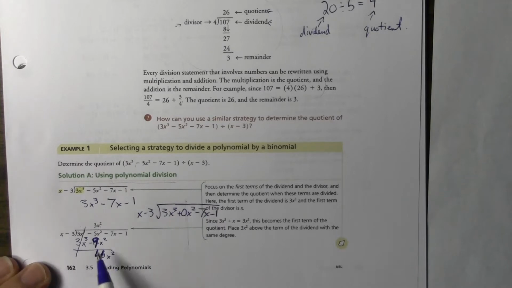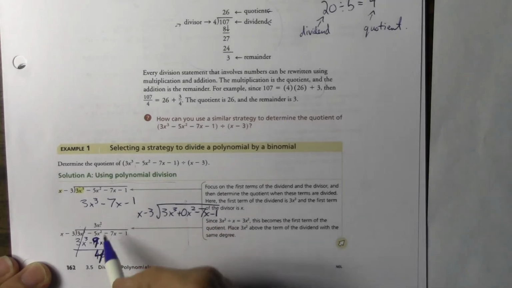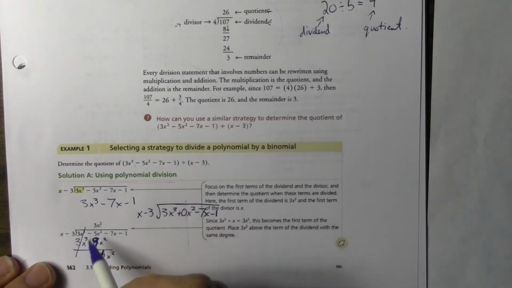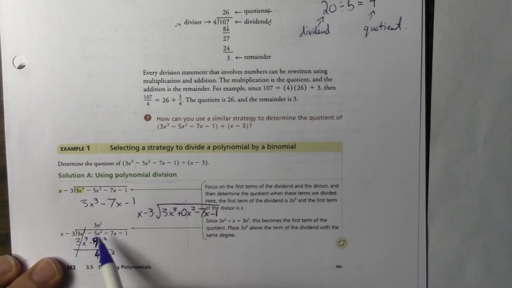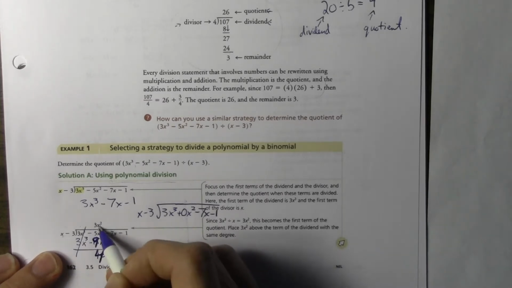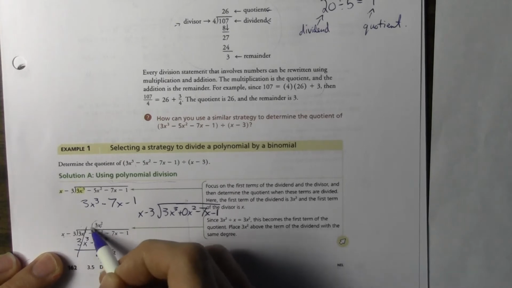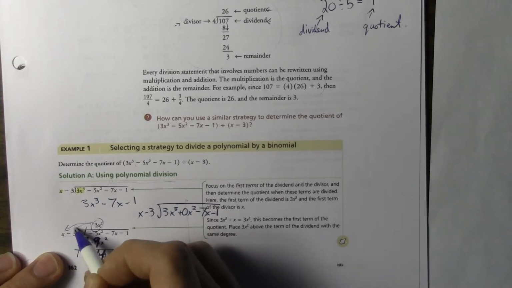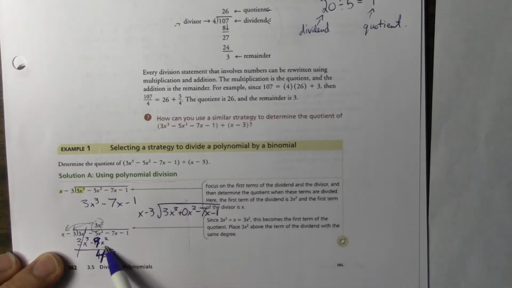Any questions up to here? 3x squared times negative 3, so negative 9x squared. Because you divide to get the first term, so these terms cancel, and now you have to multiply this times the binomial to get the full product.